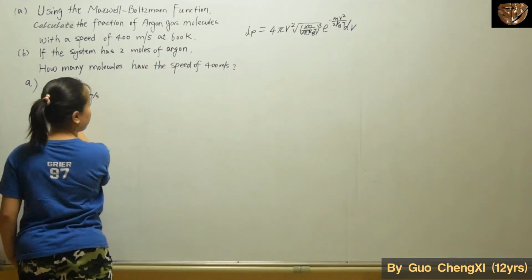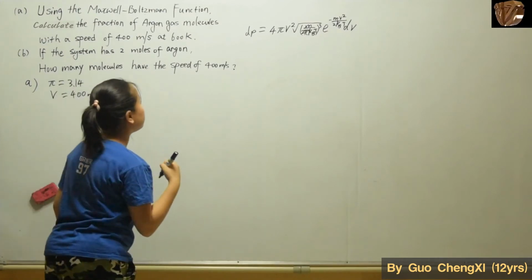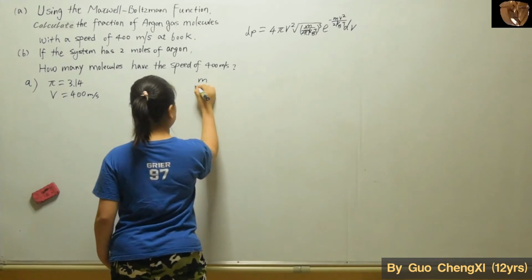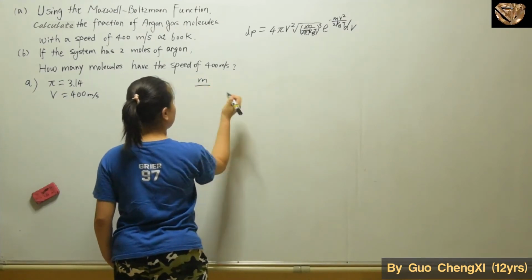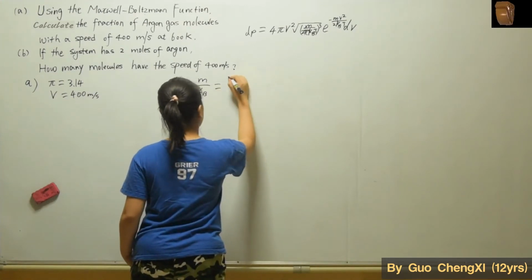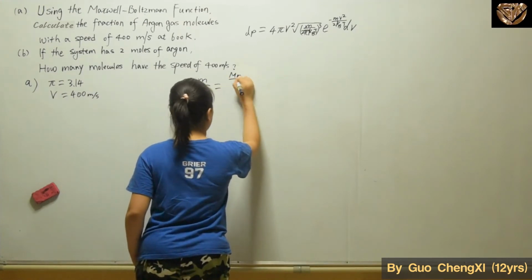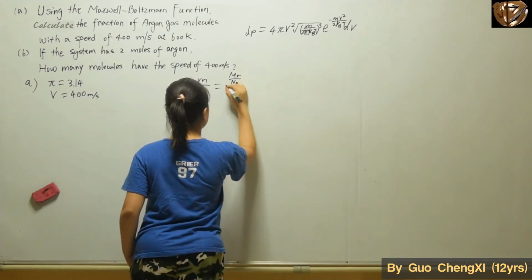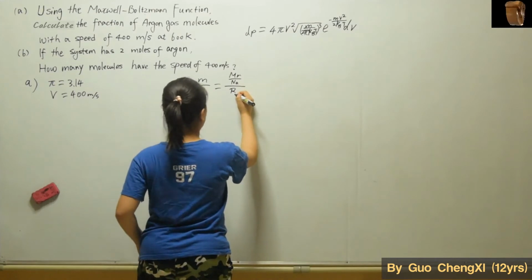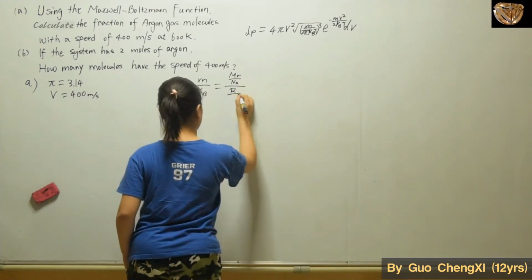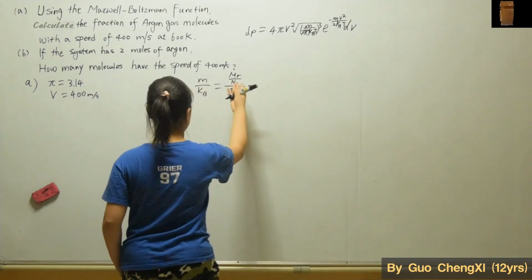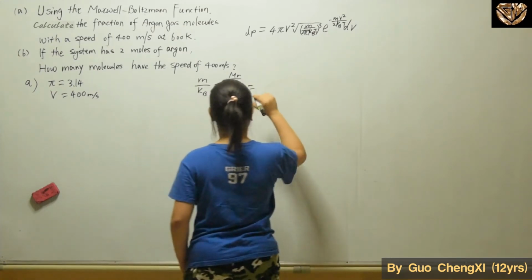Then after that, for m, if you're wondering for m, no, I would not be finding m, because over here, m over kb is equal to molar mass over Avogadro's number over the universal constant for ideal gas over the Avogadro's number. So the Avogadro's number from both the numerator and denominator will be simplified.